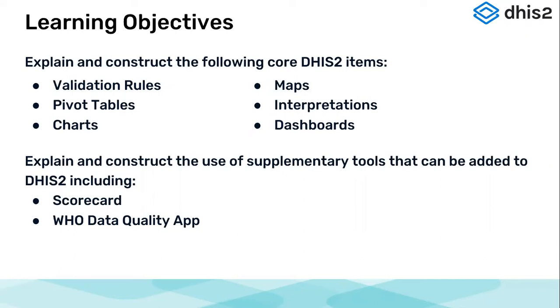We have to save our time to cover most of the analytic tools available in this Level 1 academy, so we won't go into too much depth on the WHO data quality app, but we will briefly mention how to use it.